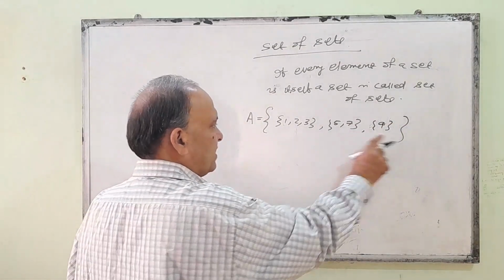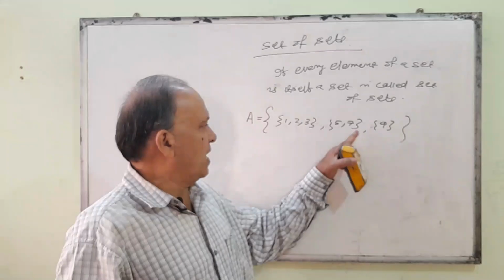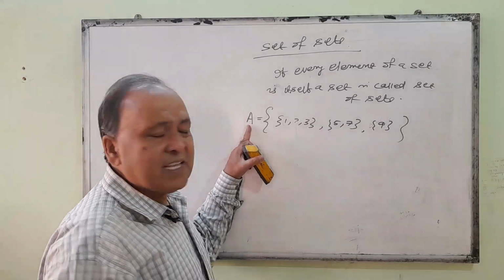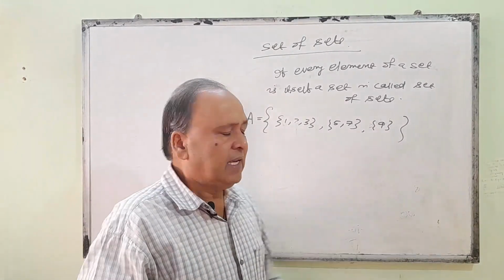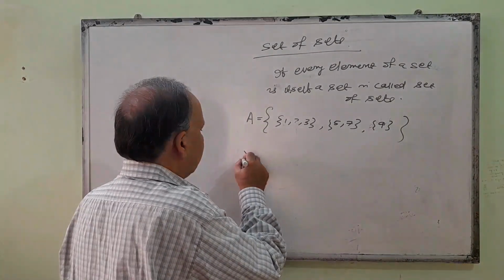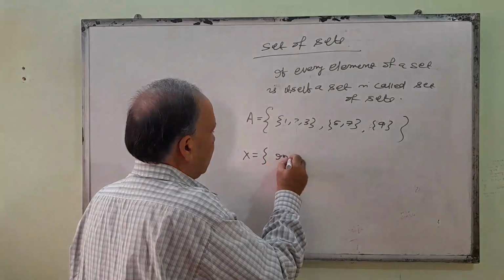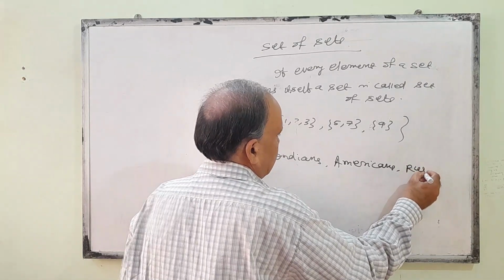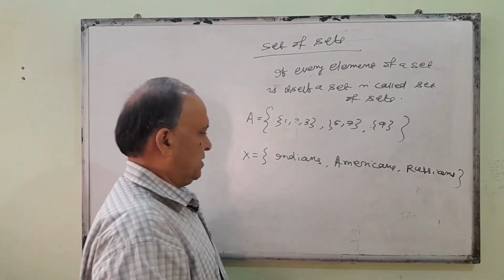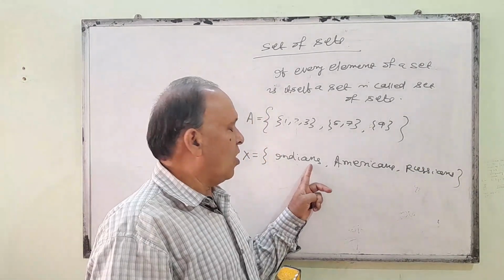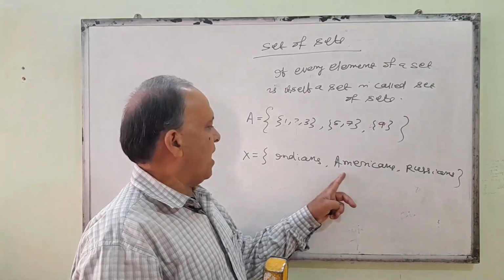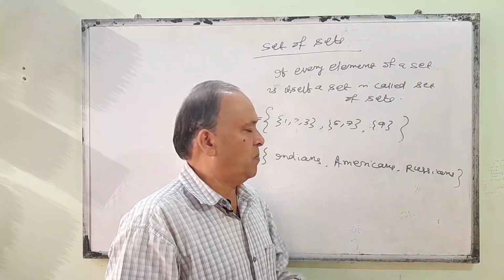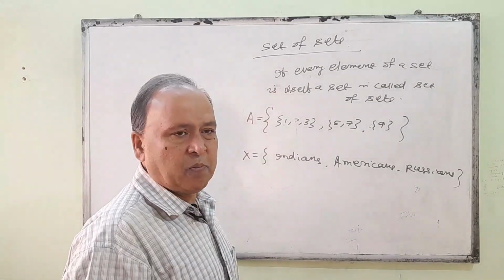This set has 3 elements, and each element is a set. So, A is called a set of sets. In a similar manner, suppose X is equal to {Indians, Americans, Russians}. This is also a set of sets, because Indians means all the people of India, Americans means all the people of America, and Russians means all the people of Russia. This is called a set of sets.